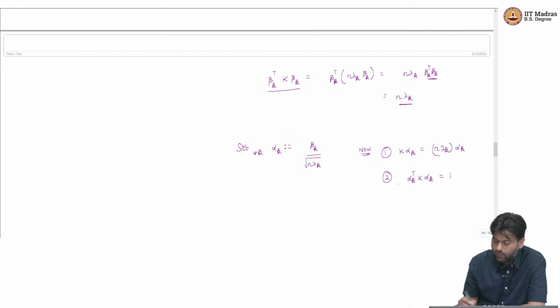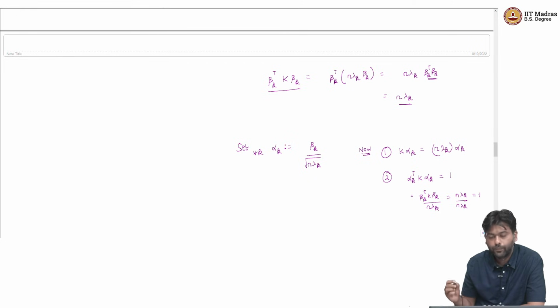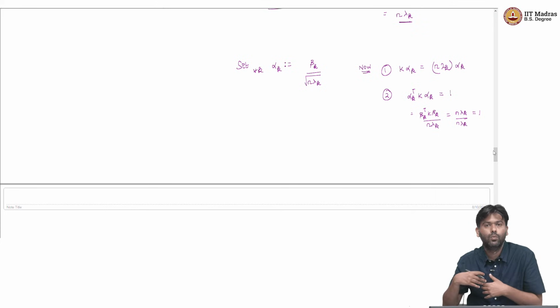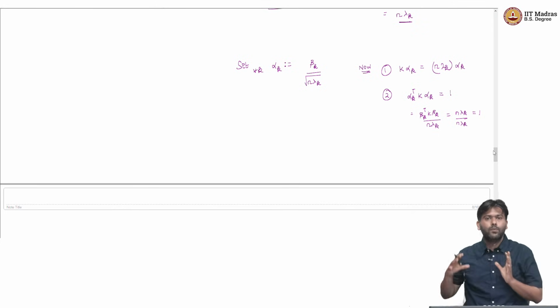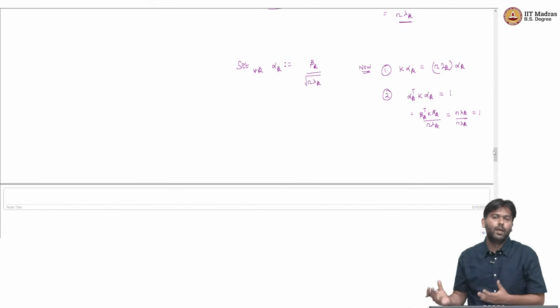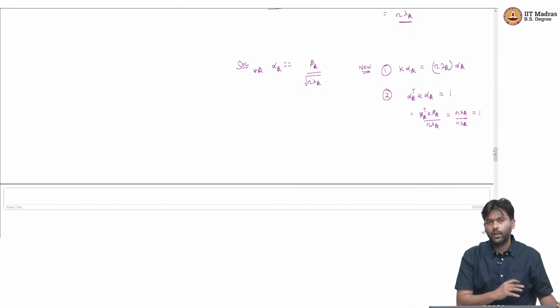Why? Because alpha k transpose K alpha k is simply beta k transpose K beta k divided by the square root multiplied twice, which is n lambda k, but we know the numerator is n lambda k, that is what we argued here, divided by n lambda k, this is just 1, right. So, now this is telling us how to convert the eigen solutions for this matrix K into the alpha k that we really needed.